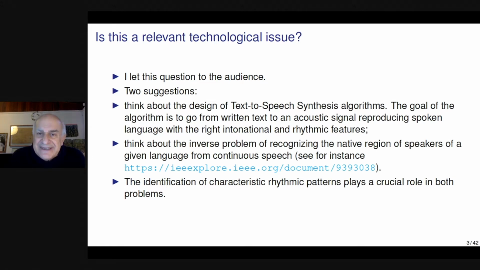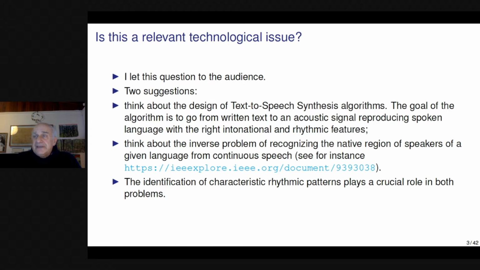If you want to design a text-to-speech algorithm which is able to produce an acoustic signal which sounds like someone speaking a particular language, you must present this acoustic signal with correct rhythmic patterns.